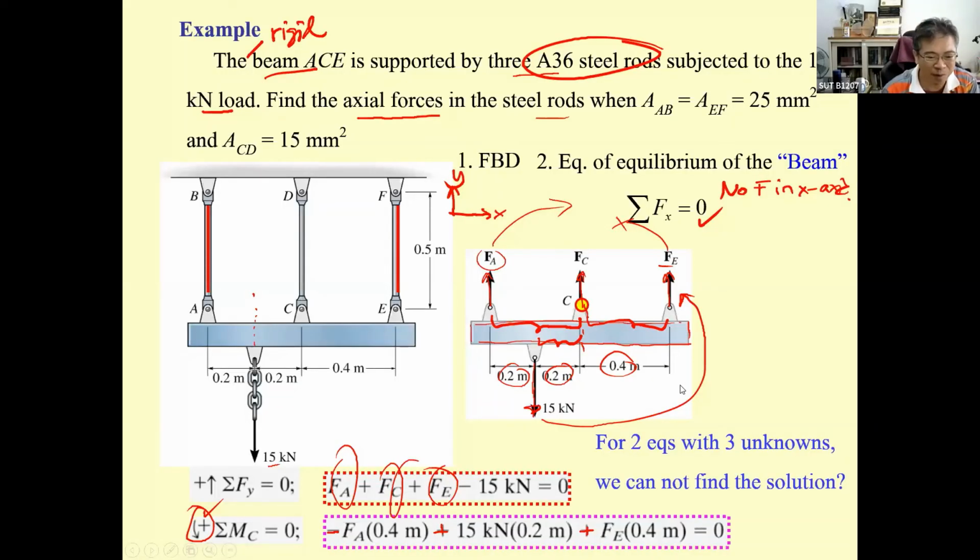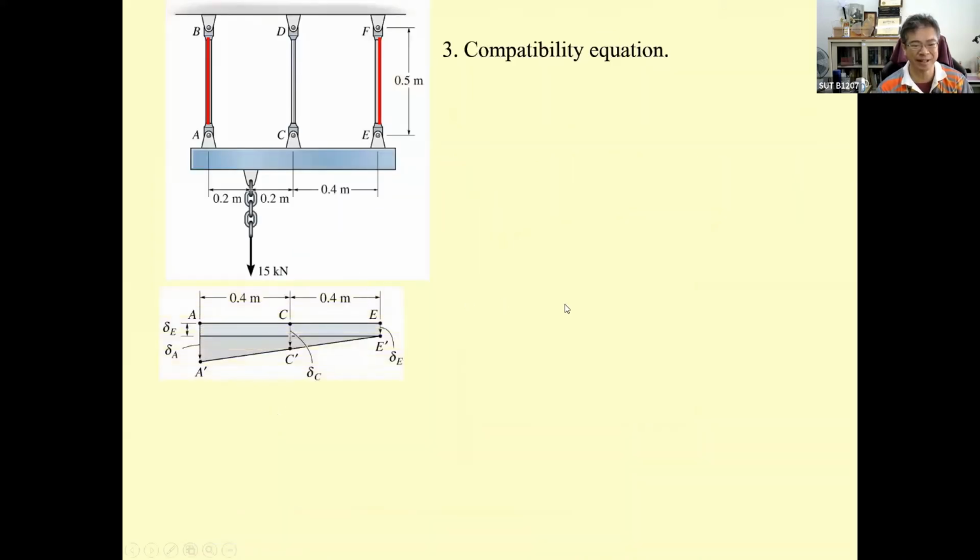So what's supposed to happen is that the deformation, the displacement of the beam ACE, is supposed to be some kind of this. The movement in this direction must be more than in this direction because the force is over here. And by doing this, the compatibility condition will be something like this.